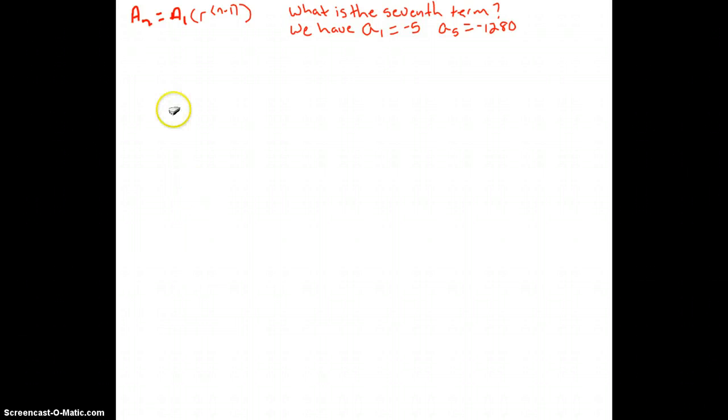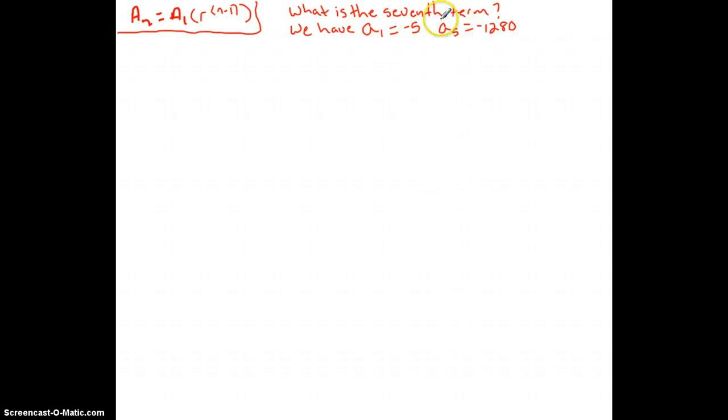Okay, this is a geometric sequence problem, and we have the geometric sequence formula right here. In this particular problem, it says, what is the seventh term? They give us a1, which equals -5, and a5 is -1,280.